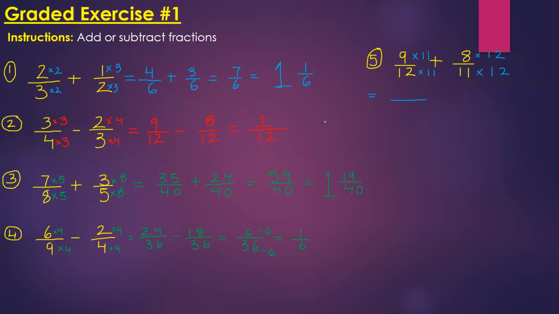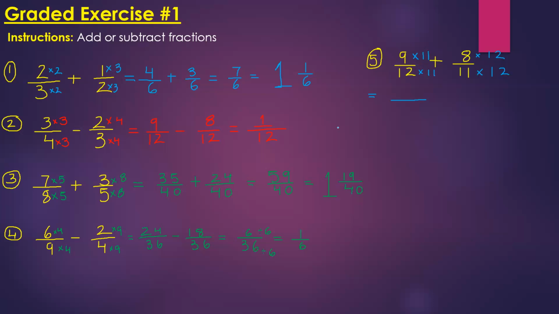And 8 times 12 would be 96. So it would be 99 over 132 and 96 over 132. Then you would add 99 plus 96 and it becomes 188. And then you would divide it both.